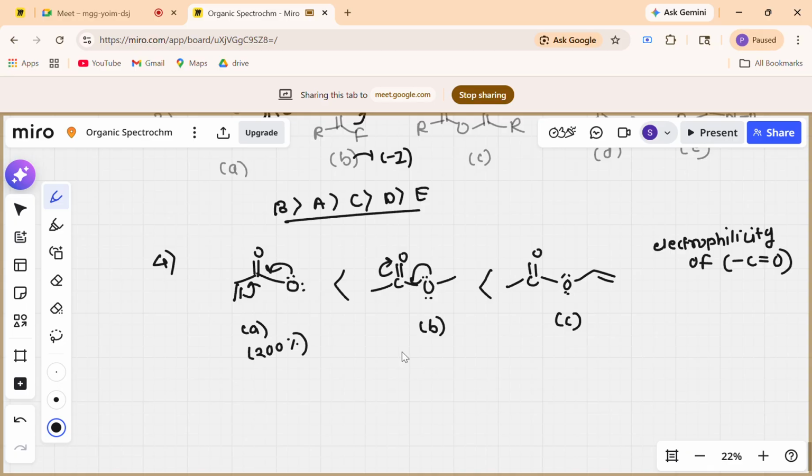Here there is the alpha beta unsaturation, and this lone pair can also undergo resonance. Let us consider that if this is 100% electron donation, this is also donating.